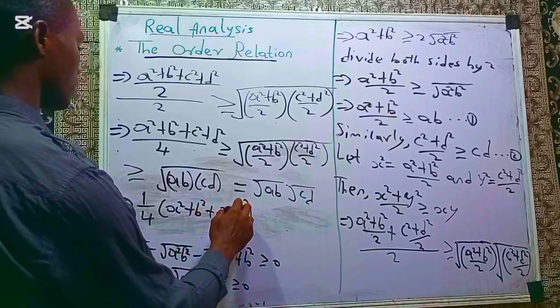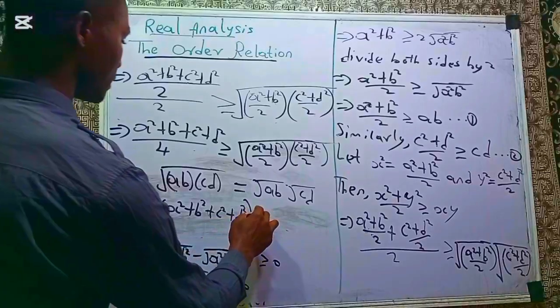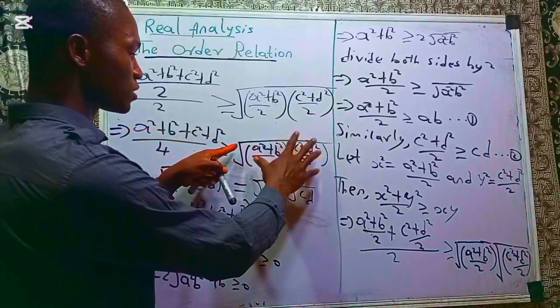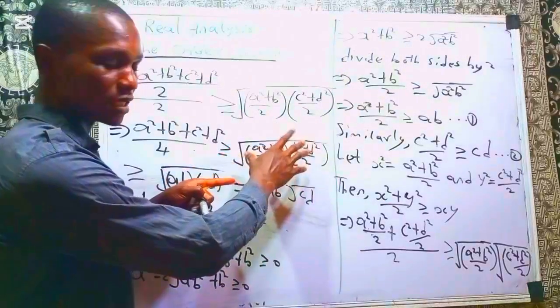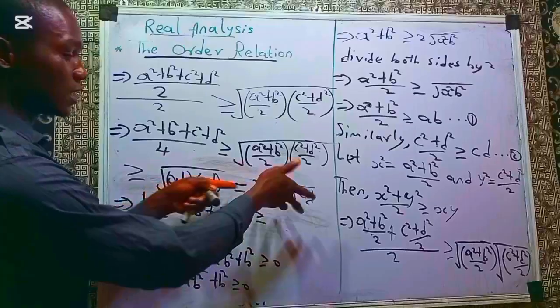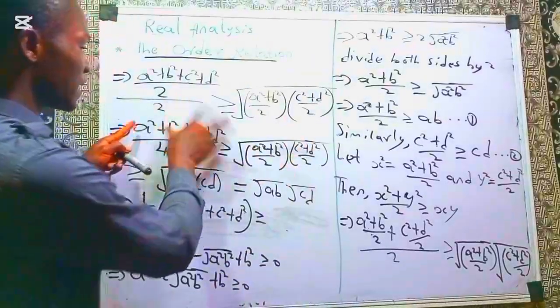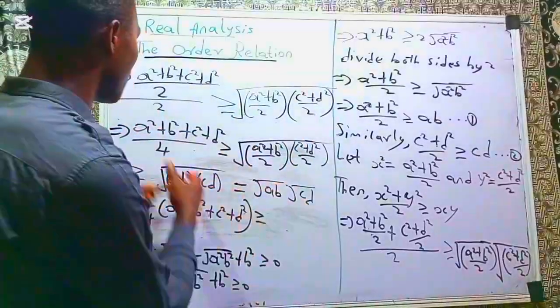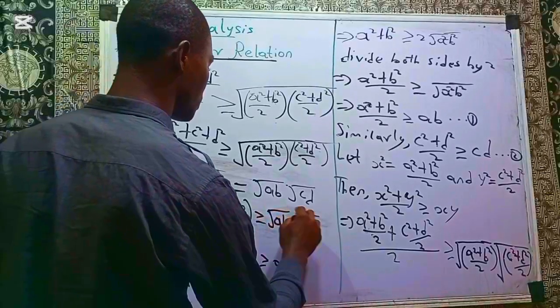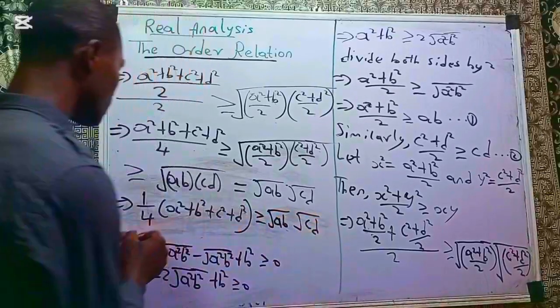So this will be 1/4 of this, then greater than or equal to. So we have that the first quantity is bigger than the second quantity, and the second quantity is bigger than the third quantity. So it means that the first quantity is bigger than the third quantity. So this will be bigger than square root of ab times square root of cd.